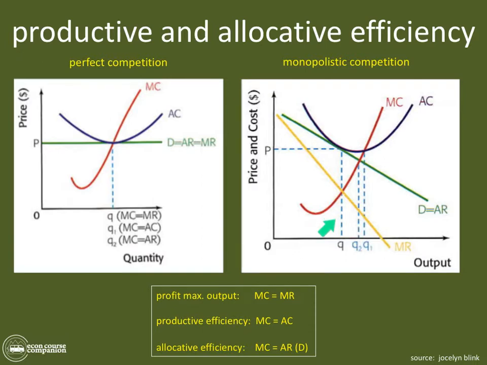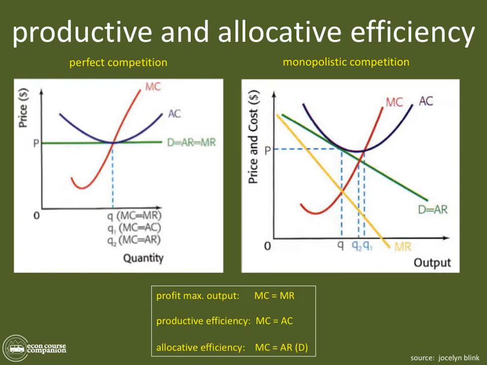Now the question is, is that bad or not bad in comparing these two market structures of perfect competition and monopolistic competition? What economists think is that this inefficiency is not due to the firm's ability to restrict output, as would be the case in monopolies.